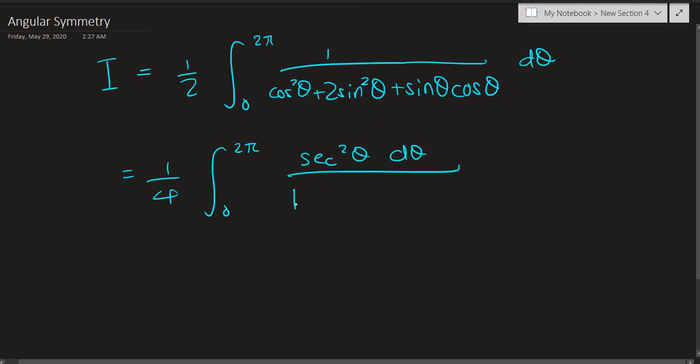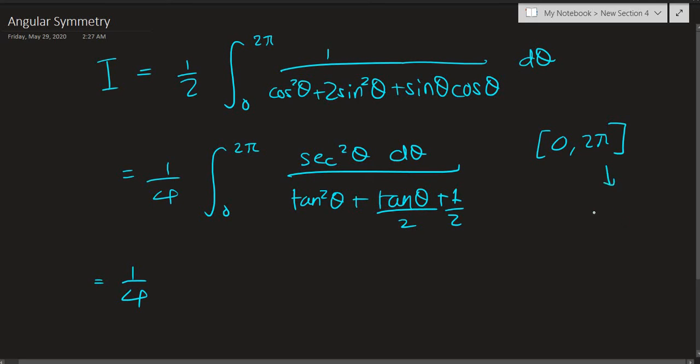2 tan squared theta plus tan theta plus 1, but wait, the half was here because we took that 2 outside, so yeah, no 2 over here, sorry. So before using any substitution for the tangent, let's split our integral as I said: 0 to 2 pi we can split by angular symmetry into 2 times negative pi over 2 to positive pi over 2.